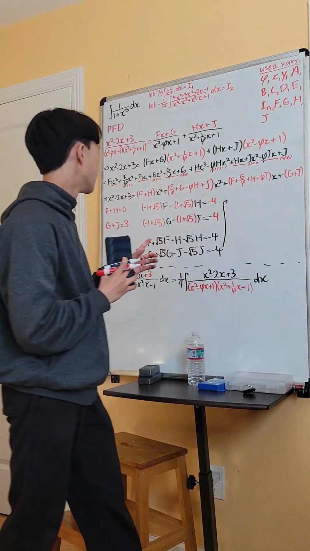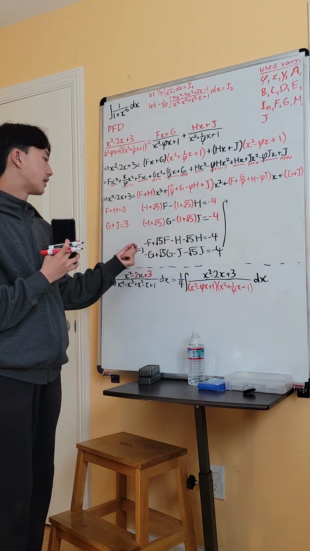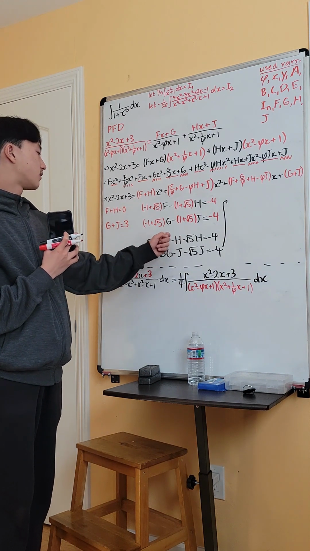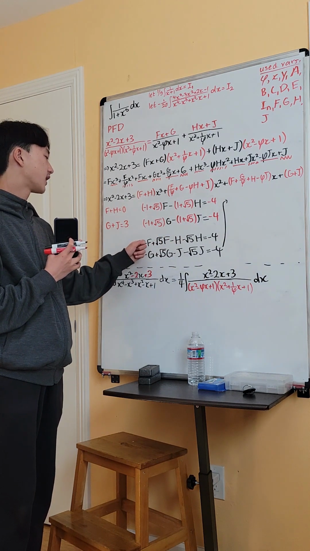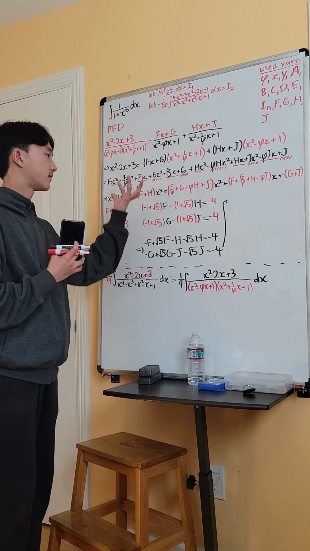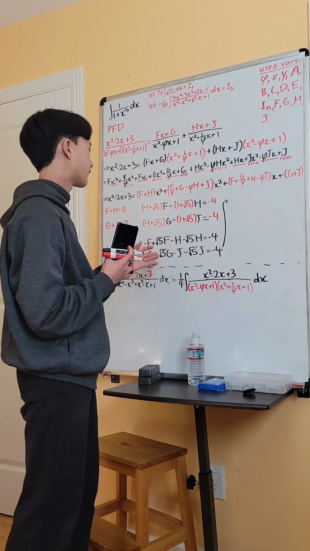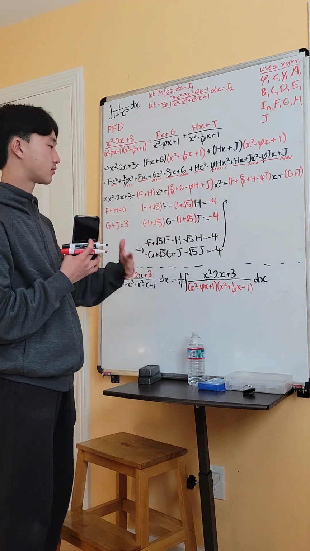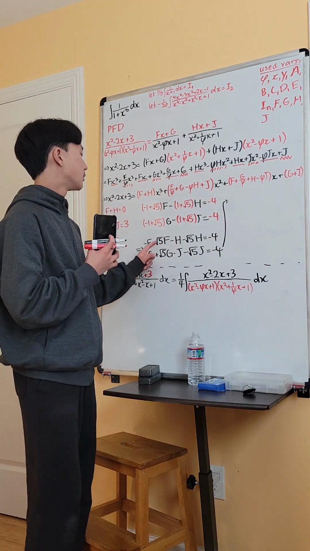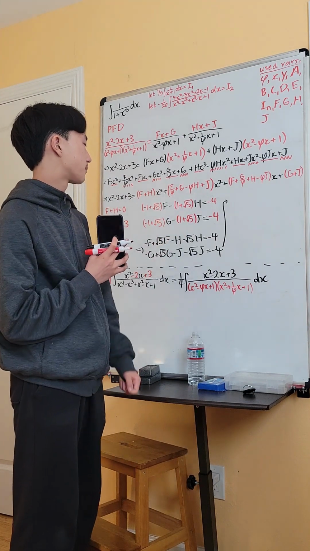Wait, it's supposed to be done. So for this top one, factor out a negative for f and h, so this is technically negative f plus h. F plus h is 0, so these two just get eliminated. Here we have root 5f minus root 5h.